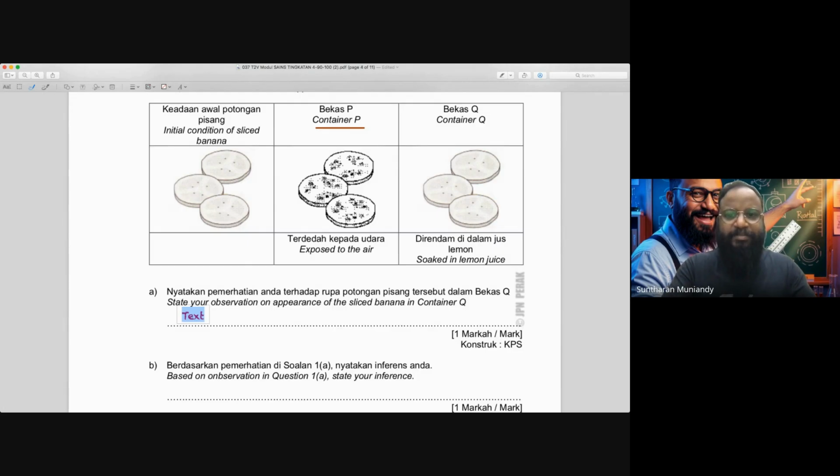Okay, banana slices soaked in lemon juice in container Q did not change color.